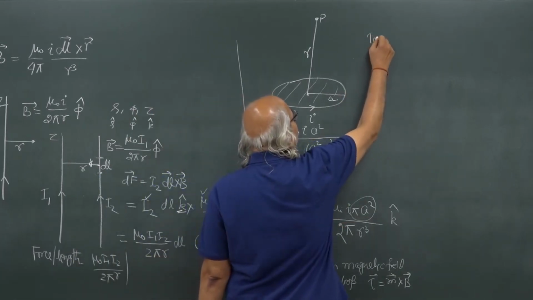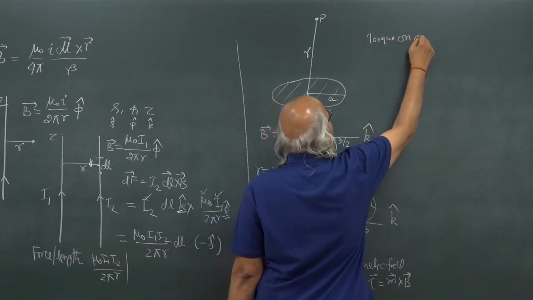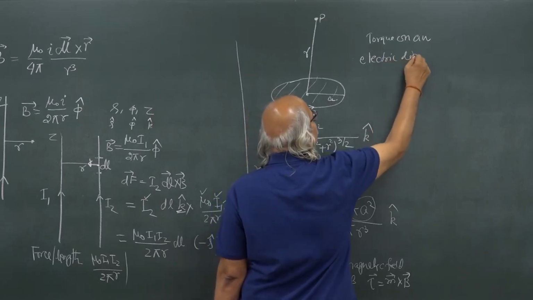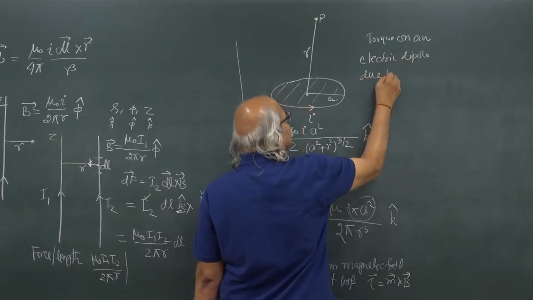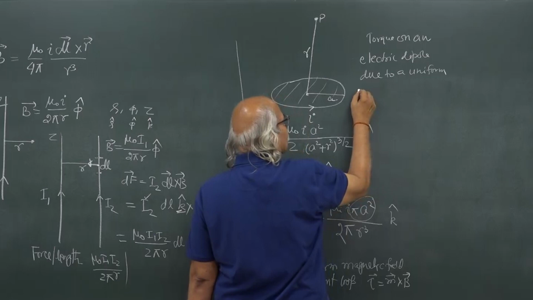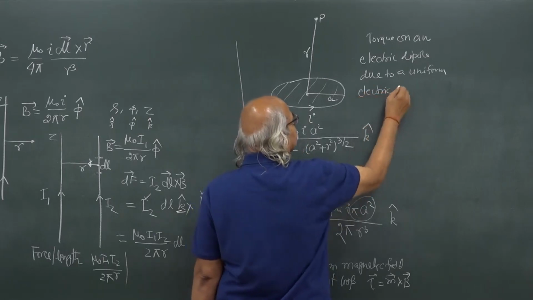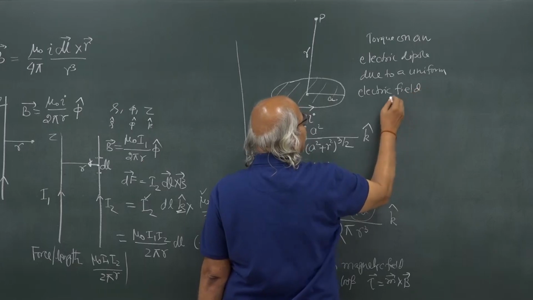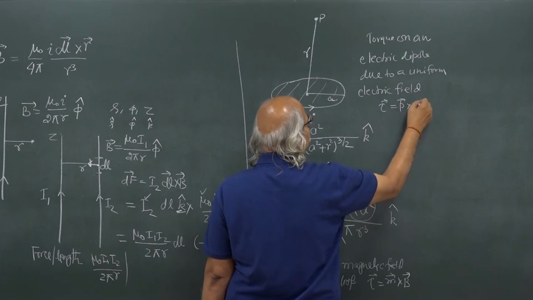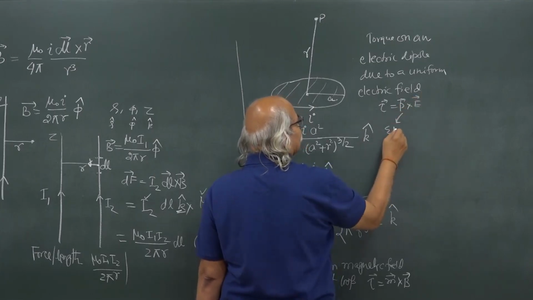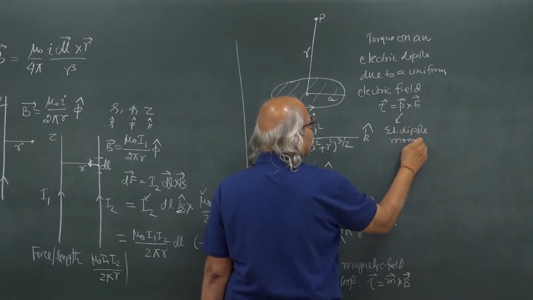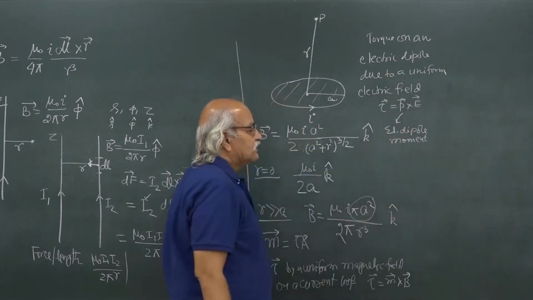the torque on an electric dipole due to a uniform electric field, and that is written as torque is P cross E, where P is the electric dipole moment. And this derivation is very simple.